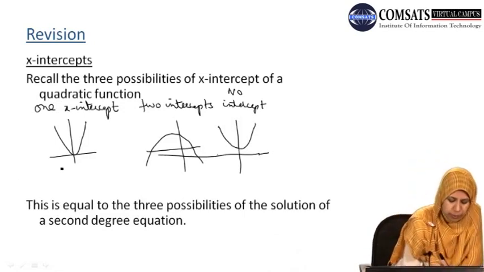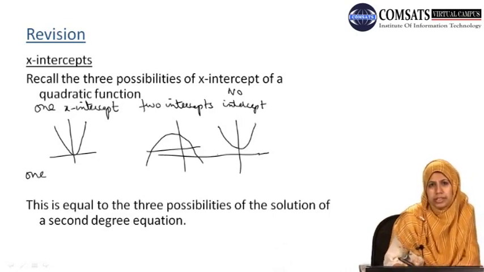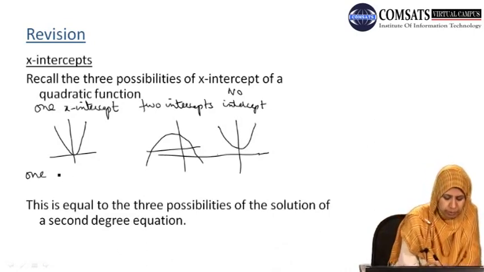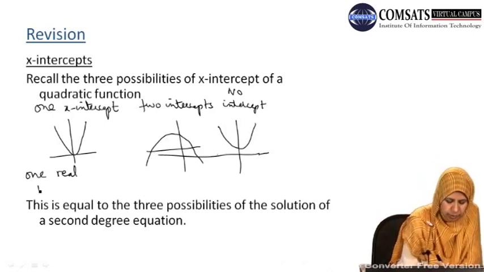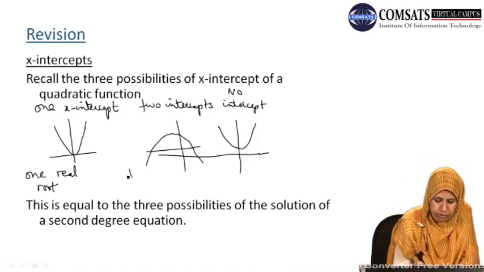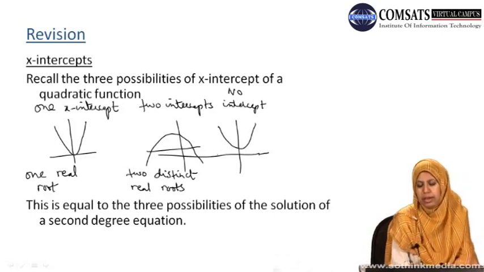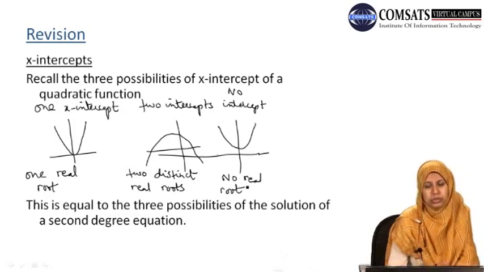So one real root means the graph intersects the x-axis only at one point, which means that the quadratic function has one x-intercept. Two intercepts means two distinct real roots, and no intercept means no real root.